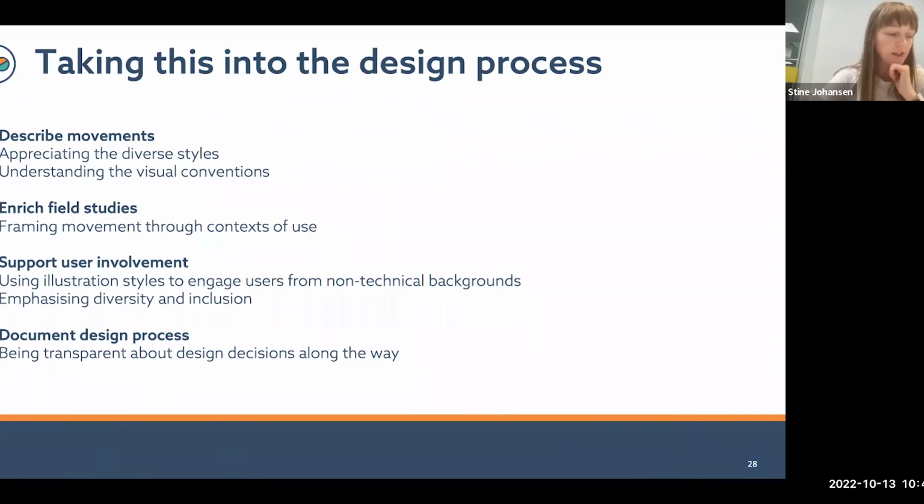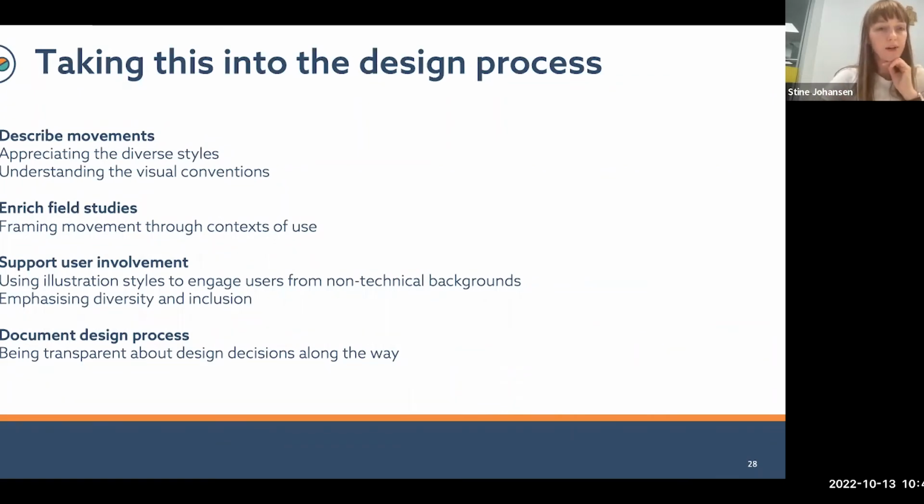So we think that there are actually opportunities to include other styles that might emphasize that context and help thereby frame the movement in a different way. So that could lead to potentially other research challenges that we're not seeing right now. And another part of this is, of course, also how we represent the end users in our illustrations.